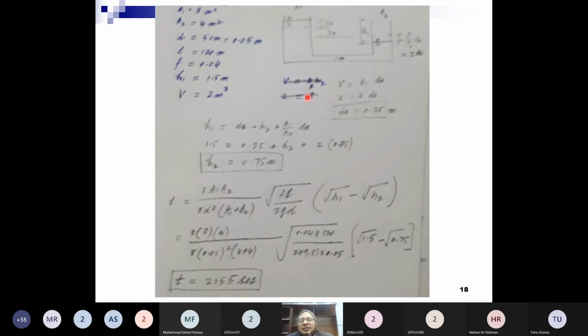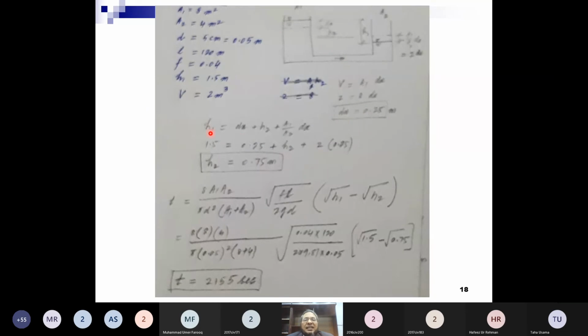So it is given that the volume in the tank 1 V1 is equal to area 1 into dx. So this 2 cubic meter is going from this tank, so 2 is 8 into dx, it means dx is 0.25 meter. So this drawdown in the tank 1 would be 0.25 meter.